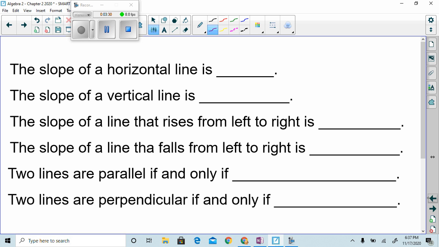Here are some statements that you've seen more than once already in these last few sessions. The slope of a horizontal line, again, horizontal going like this, is 0. You need to know these things. The slope of the vertical line is undefined.